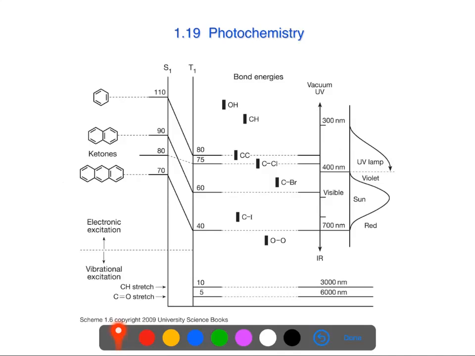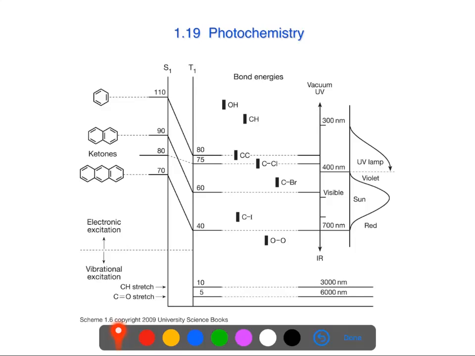Now here's another figure showing you the corresponding bond energies associated with different wavelengths of light in our photochemical range. So again, our oxygen-oxygen single bonds are some of the lowest energy bonds associated with photochemical events, whereas the OH and CH bonds are some of our strongest bonds that we observe in photochemistry.